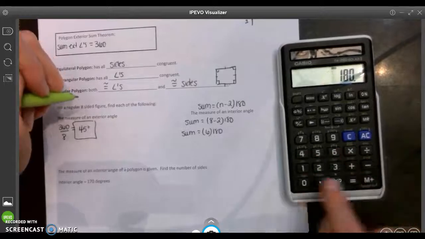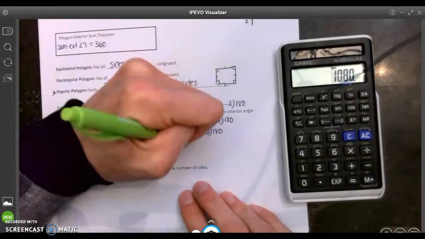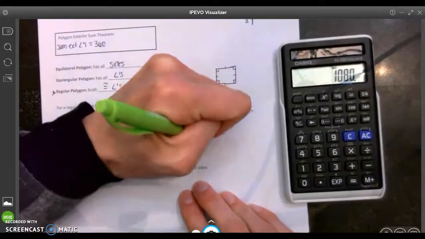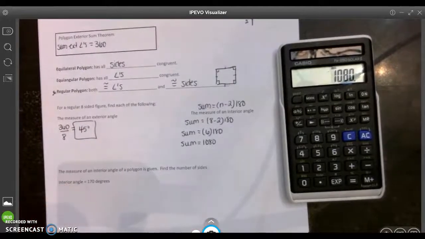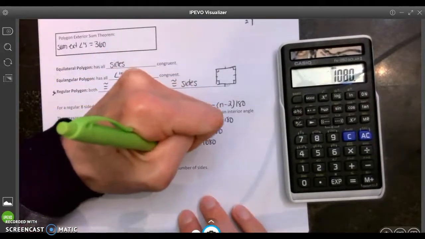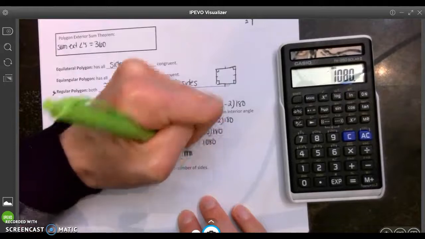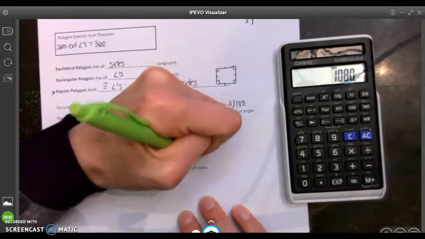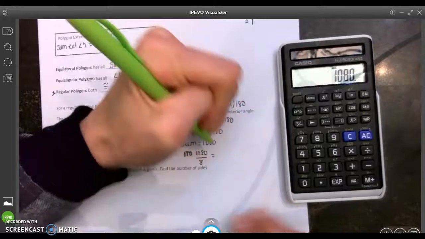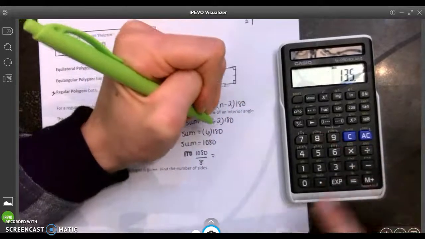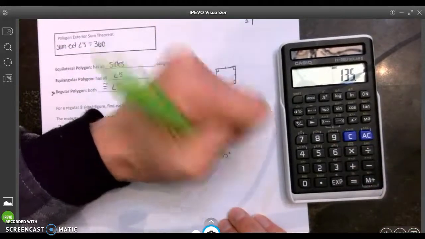All right, my sum is 1080, but that's the sum of all the angles. But if I only want one angle and they're all supposed to be the same, I take that 1080 and divide by 8 to find just one of them. So one of those angles, when I divide by 8, is 135 degrees.